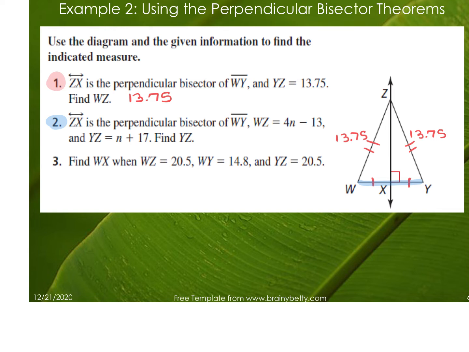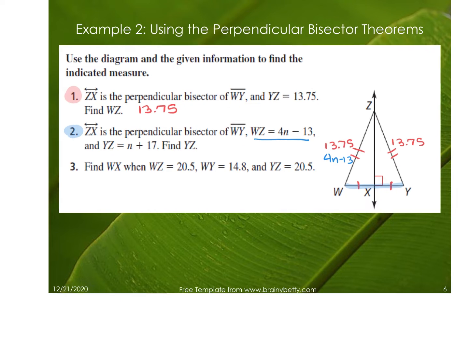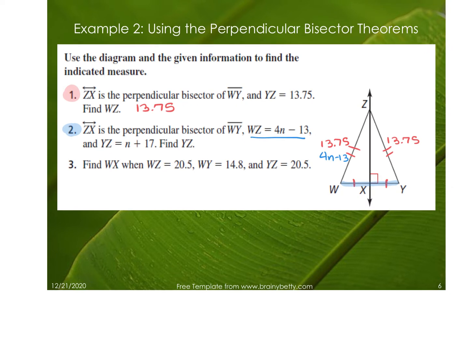So here, it's telling me that WZ is going to be 4n minus 13. Now, I'm not using the 13.75 anymore. This is a new question, but I'm just doing it in a different color so you can see it. And then YZ is n plus 17. And again, since point Z is on that perpendicular bisector, I know that WZ is congruent to YZ.